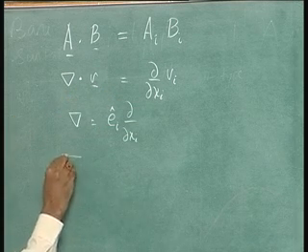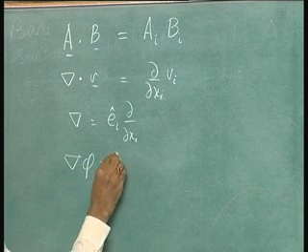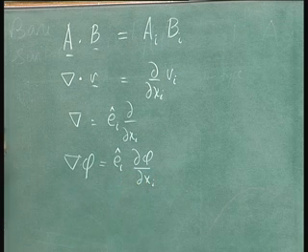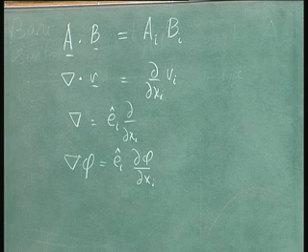Similarly, the gradient of a scalar becomes Ei del del xi of the scalar, which is the gradient. Now, when it comes to the curl, I added a new twist to this.